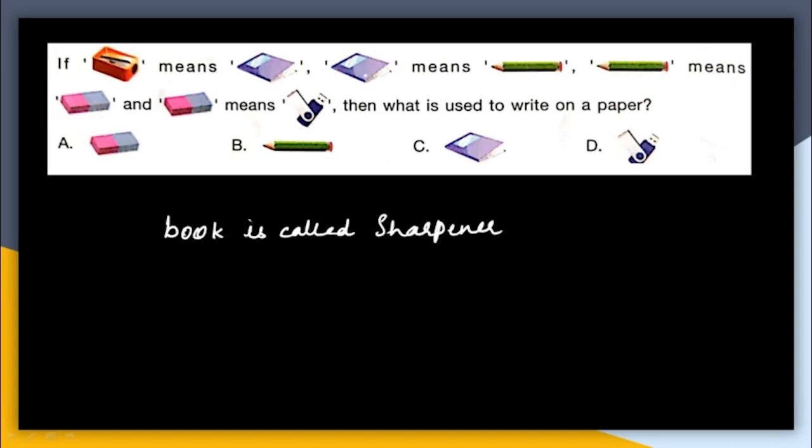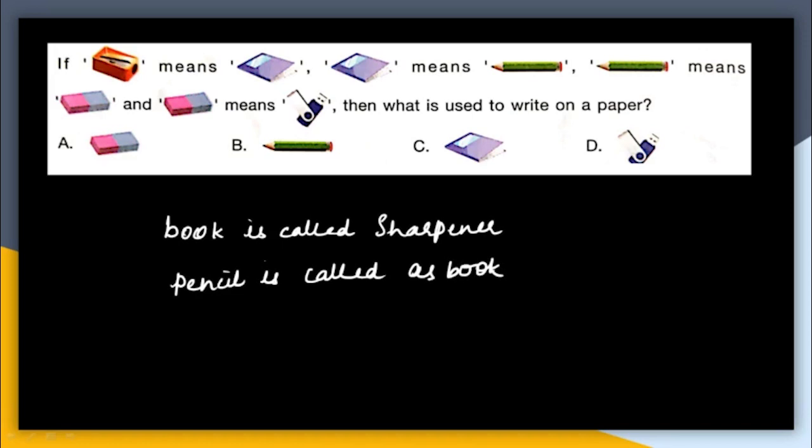Similarly, when I say book means pencil, it means that in a certain code language, pencil is called book, or when I am saying book, I am actually referring to a pencil.